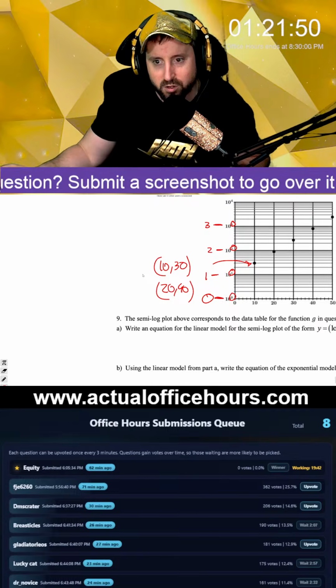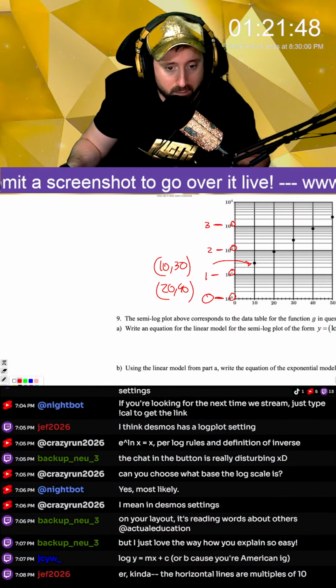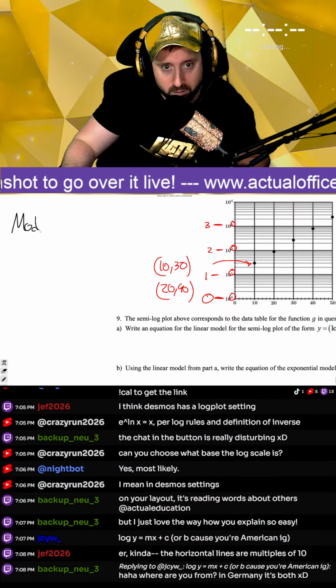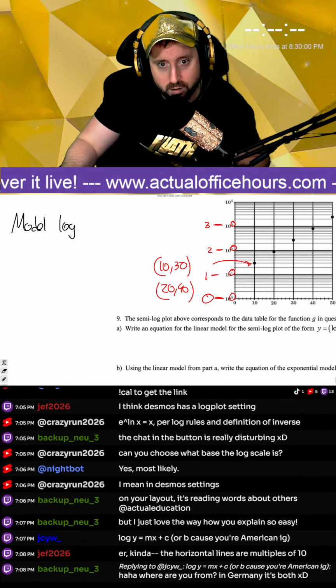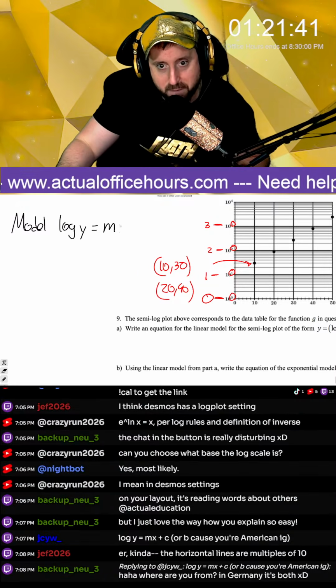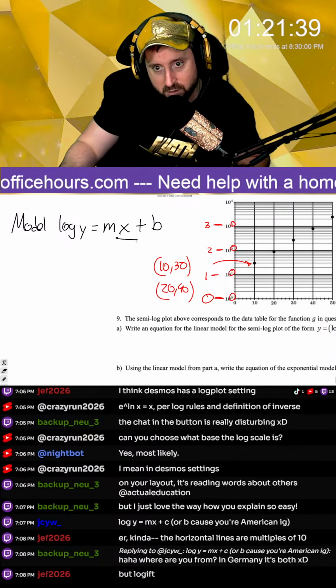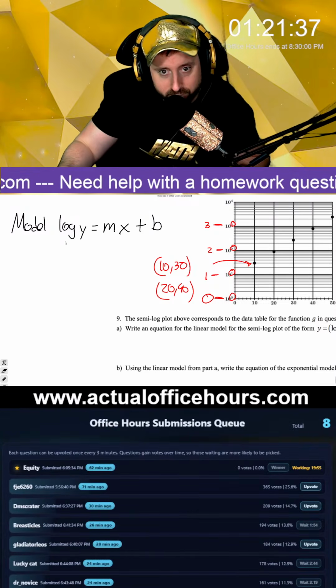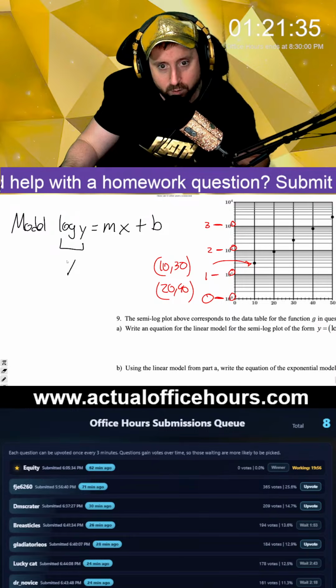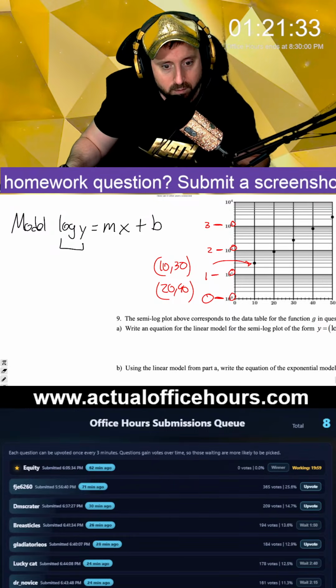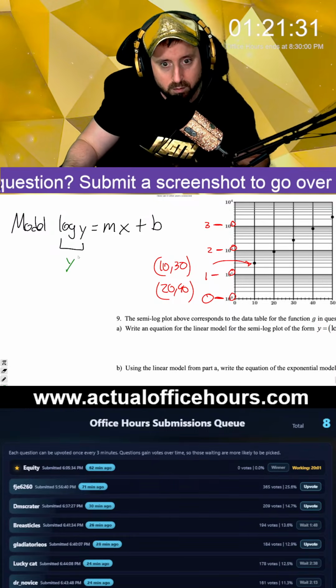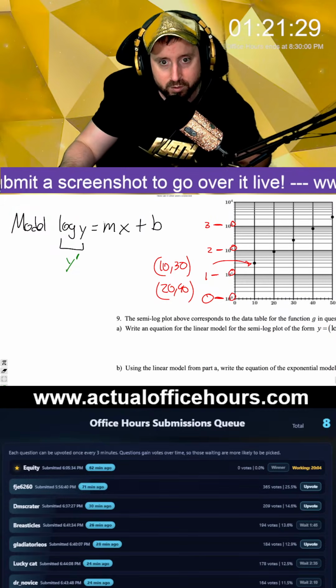Okay. So, my model is the log of y is equal to mx plus b. Notice how this is linear, and this is what I would call y prime is equal to mx plus b.